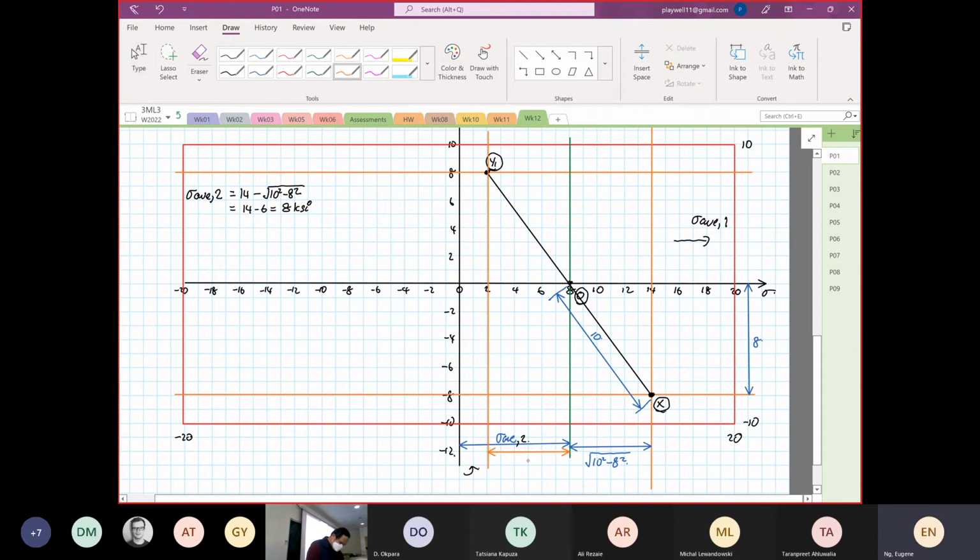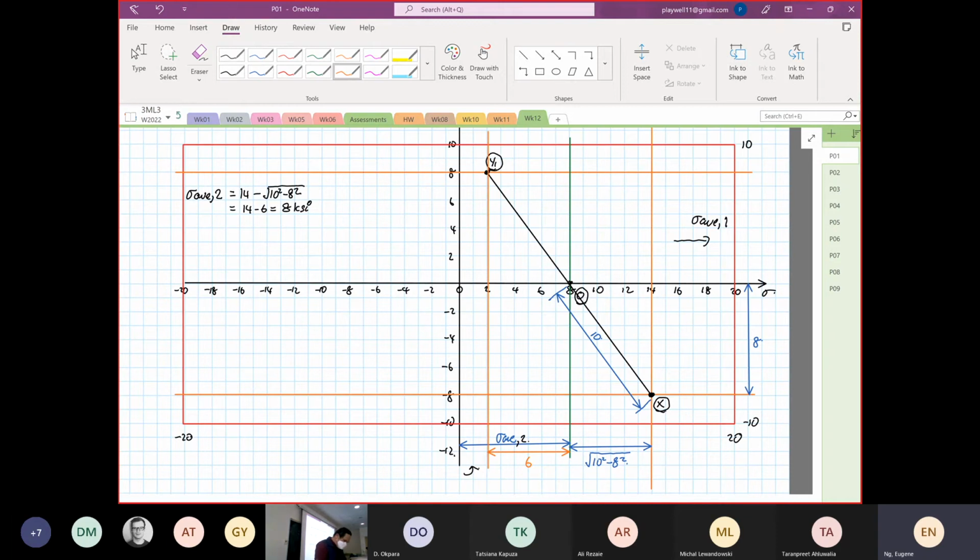Is equal to 6, because if you count the number of boxes, 1, 2, 3, 4, 5, 6. 1, 2, 3, 4, 5, 6. Same distance, if you can see the square boxes.